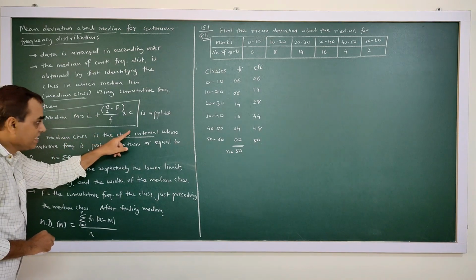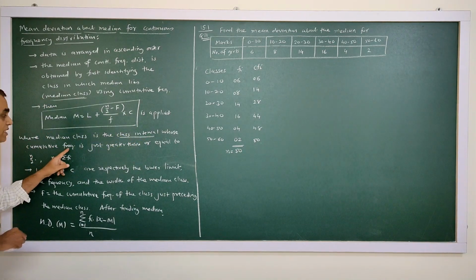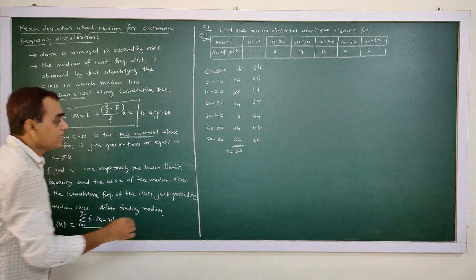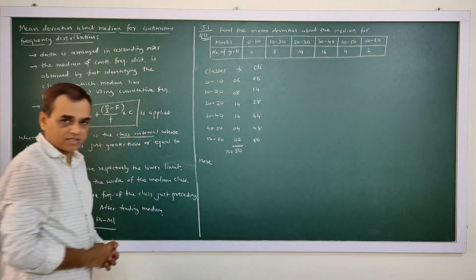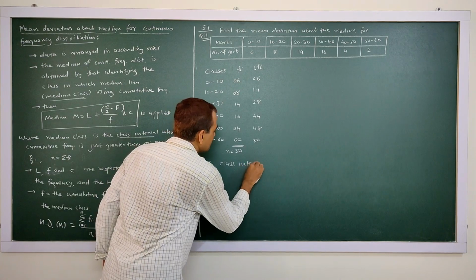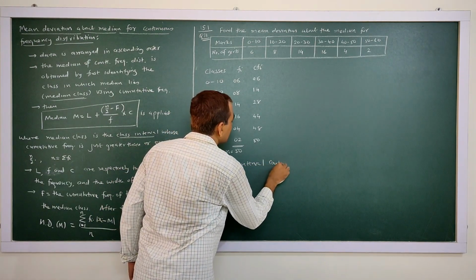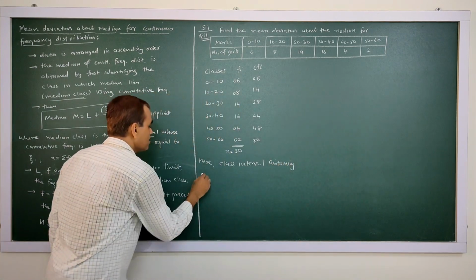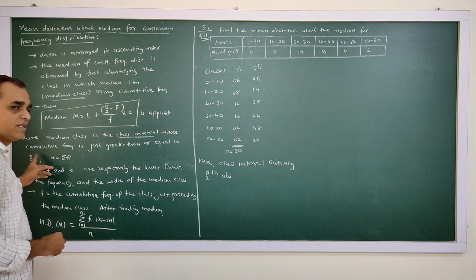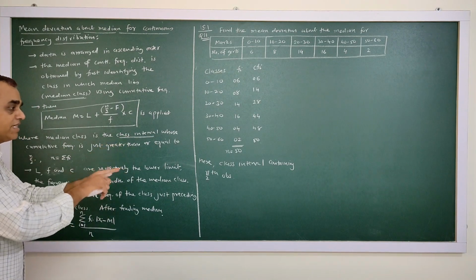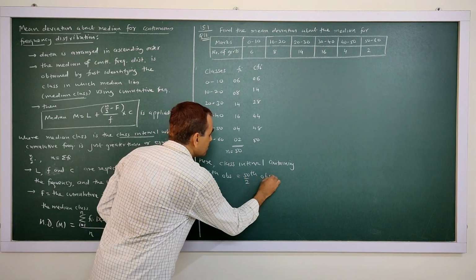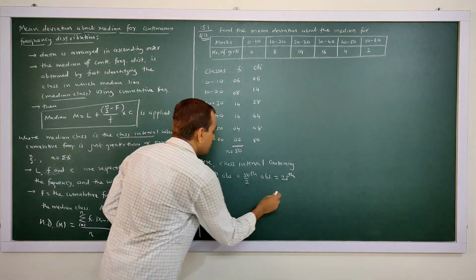That means the median lies in the class interval containing the n by 2th observation, that is 50 by 2th observation, that is the 25th observation.